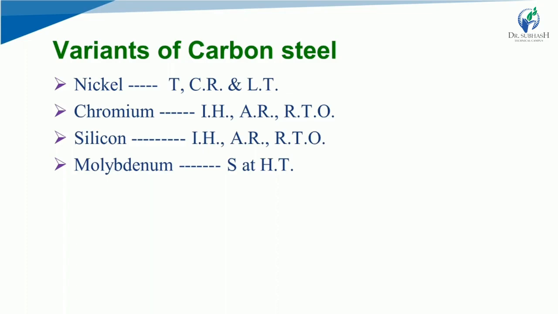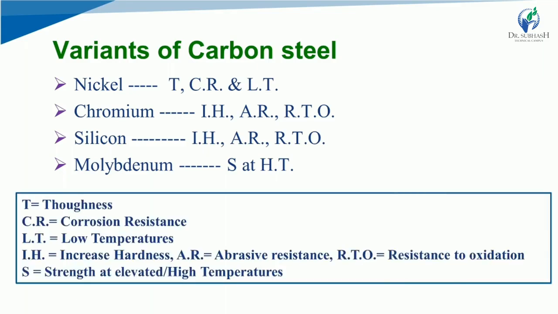So when you mix nickel into the carbon steel, the properties you get are T, Cr and Lt. Here is the full form of all. T means toughness, which means when you mix nickel, the carbon steel gets tougher. Cr is corrosion resistance.